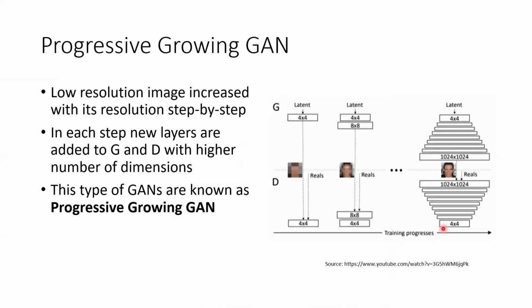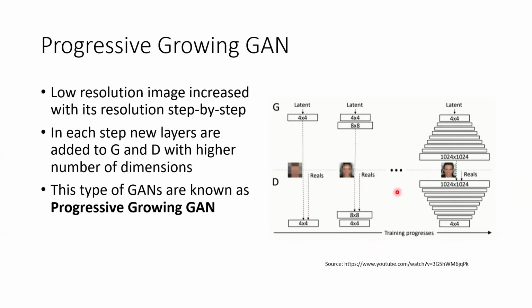There are certain types of generative adversarial networks. One is known as the progressive growing GAN, right? In the progressive growing GAN, you can start with a low resolution image from the generator with 4x4 layers, and by progressively growing the size of each of the layers, you can improve the resolution of the image, right?